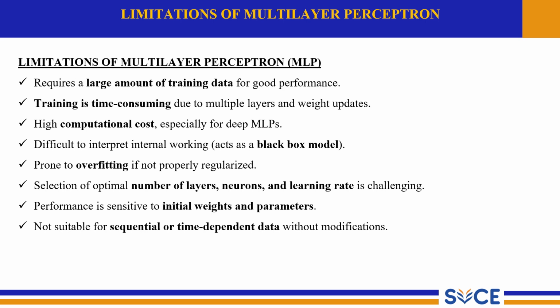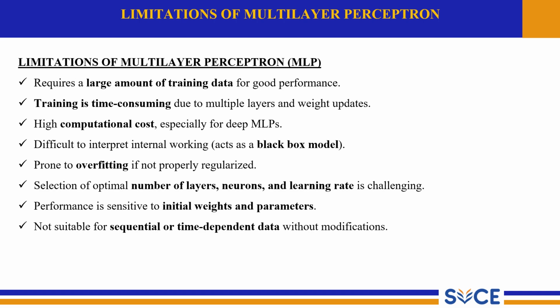The next one is they are prone to overfitting if not properly regularized. Overfitting occurs when the network learns the training data too well, including noise, and fails to generalize to new data. The sixth one is selecting the optimal number of layers, neurons, and learning rate is challenging and usually requires experimentation or hyperparameter tuning.